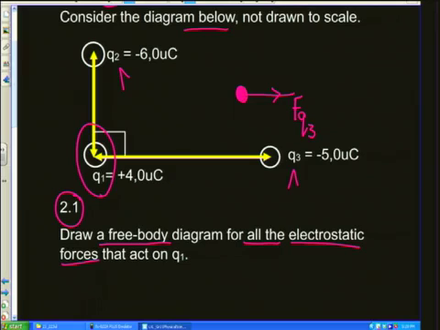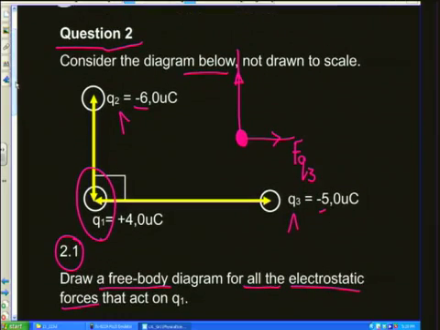And of course, if you look, that is minus 6, this is minus 5. So this one should perhaps be longer in length compared to the other one, because it has got a bigger charge there. So this is a force on Q1 due to Q2.